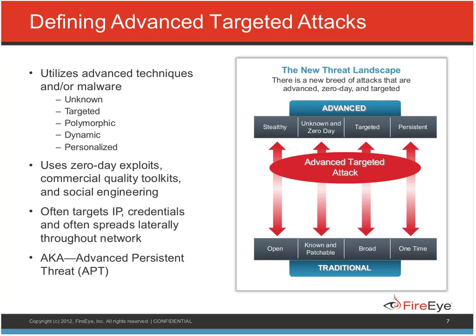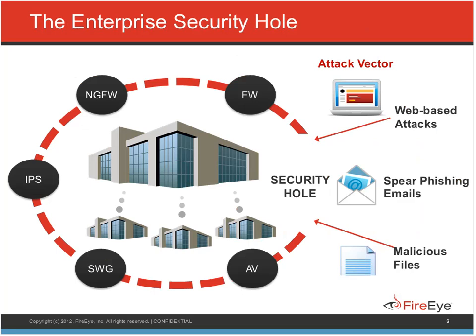That's just kind of the nature of how the cyber underground is working today in these advanced targeted attacks. A lot of money involved and fairly fluid in terms of trying to figure out who's doing what, where.